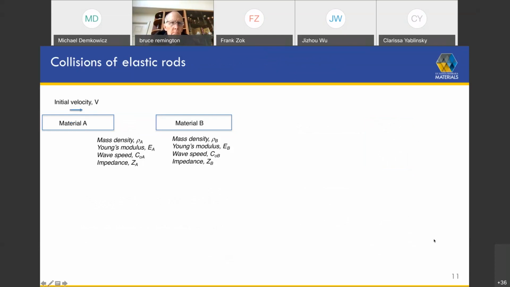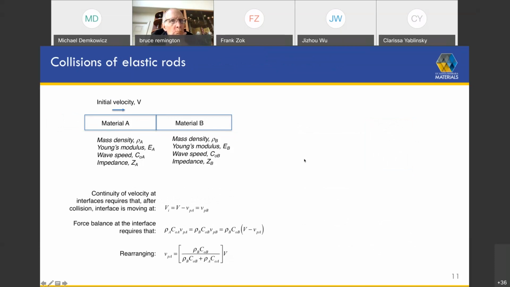Now, collisions. So here we consider what happens if you have a striker bar, for example, of material A launched at some velocity V. And in general, we can think of this material having its own density, modulus, wave speed, and impedance, and it impacts material B with its own set of properties.